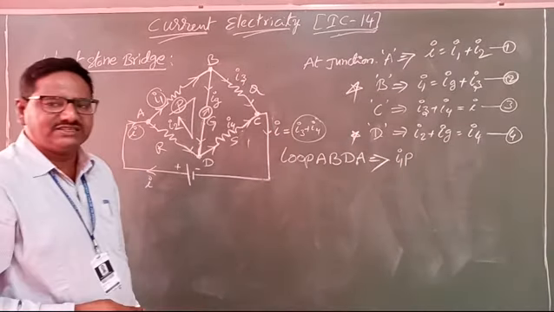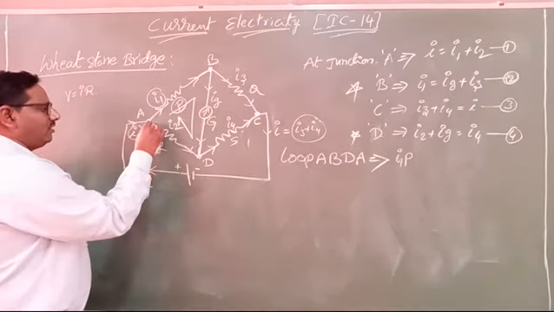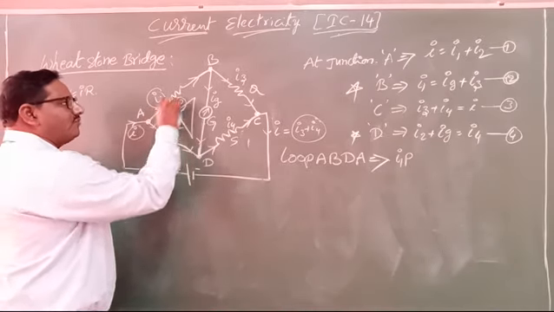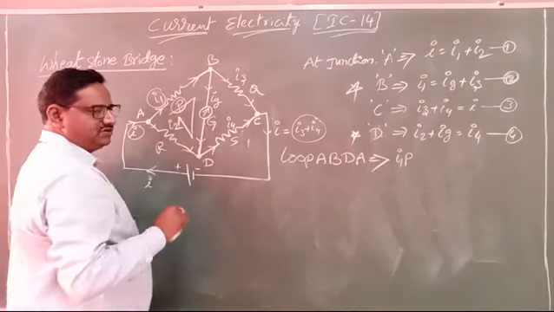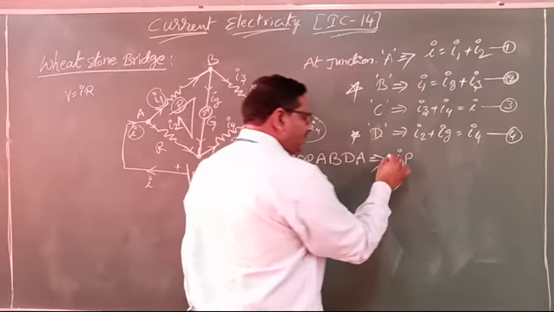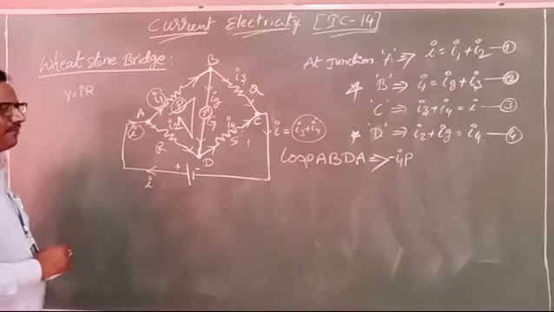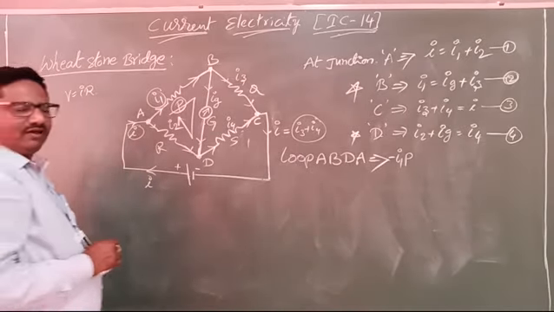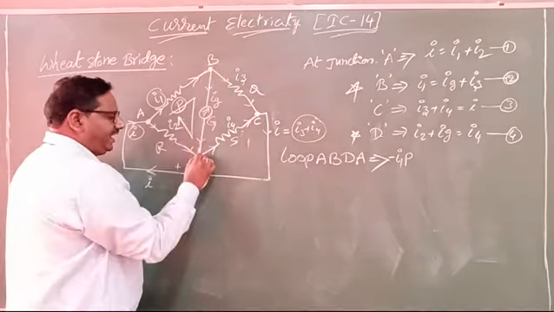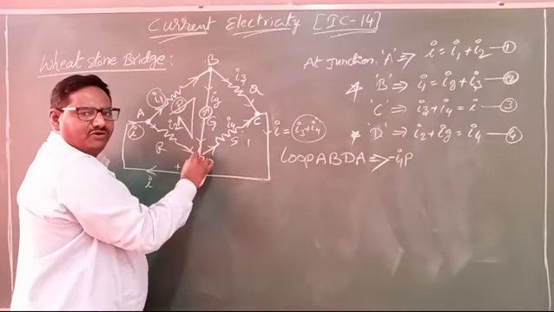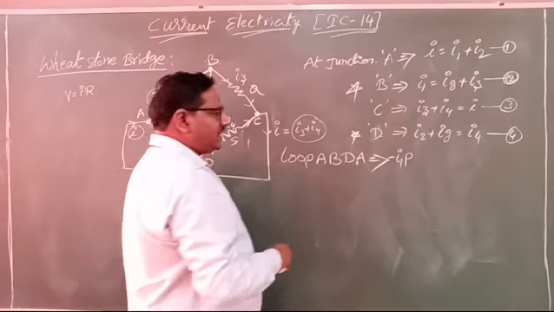Now, what sign convention do we use here? The current and your movement are both in the same direction, so we write it with a negative sign: minus I1P. Clear? Now we move from B to D and the current also moves from B to D, both in the same direction.